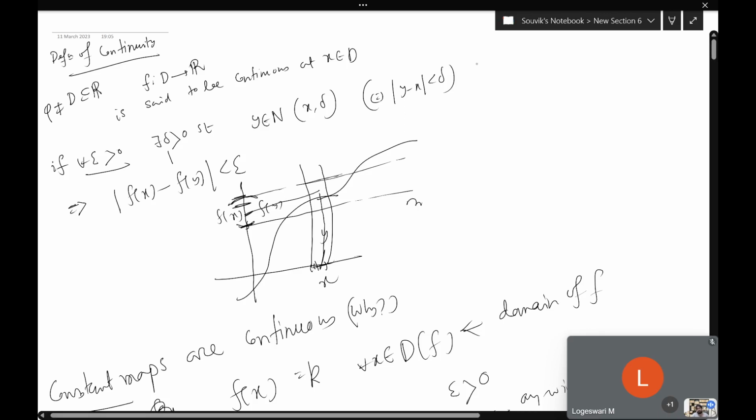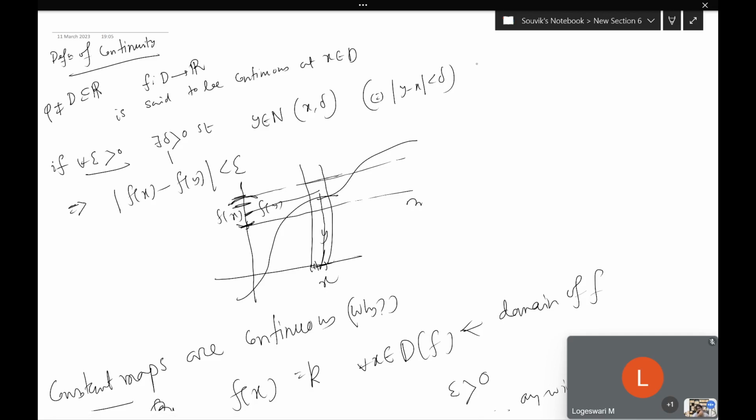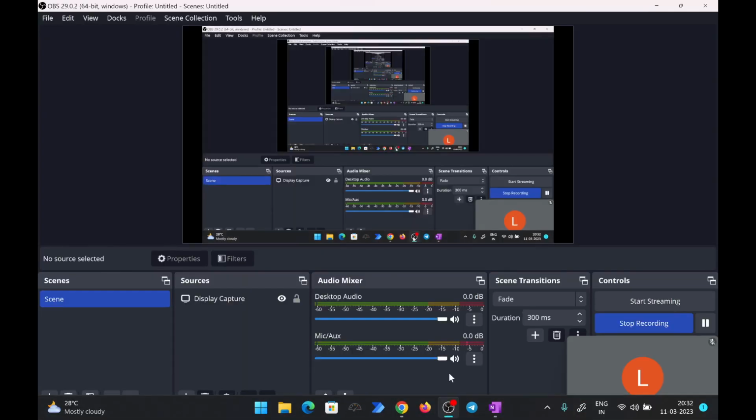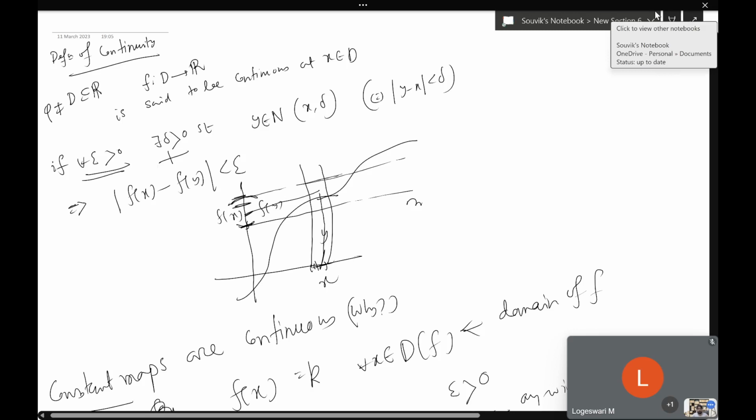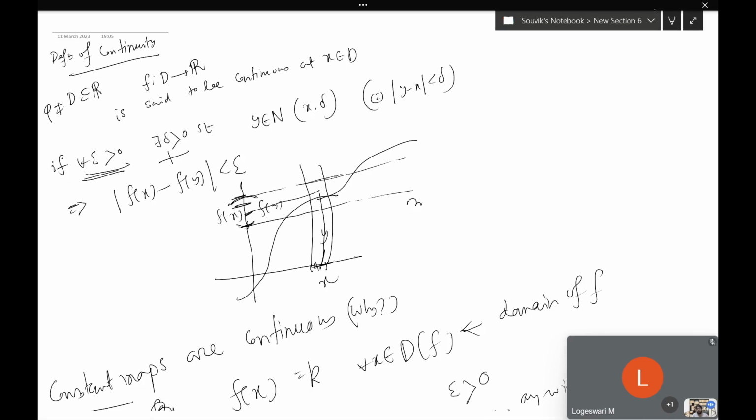So, first, we start with the definition of continuity. Suppose f is a map from D to R. We say this function is continuous at x, which is a point in D, if for every epsilon greater than 0, we can find a delta greater than 0 such that for any y in the delta neighborhood of x, |f(x) minus f(y)| is less than epsilon.